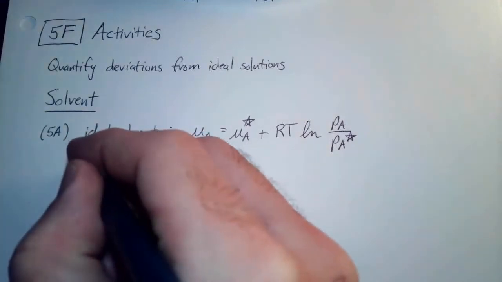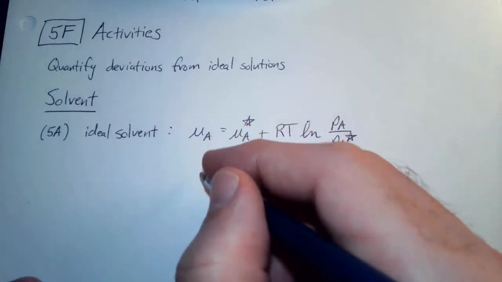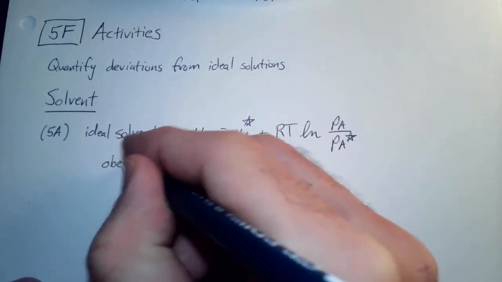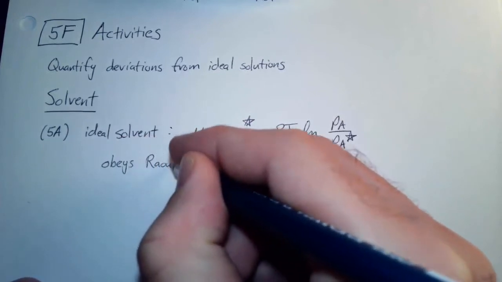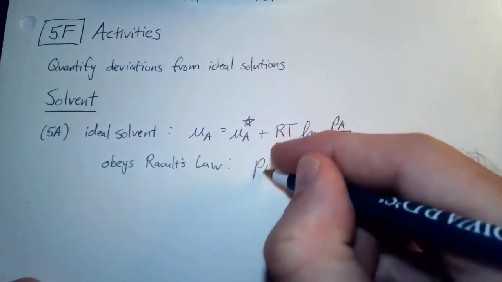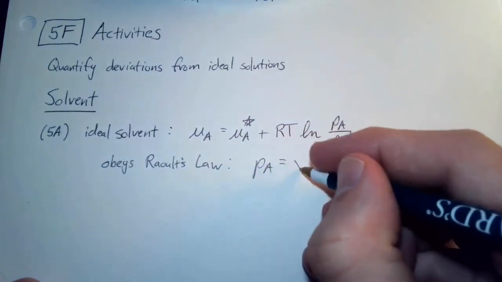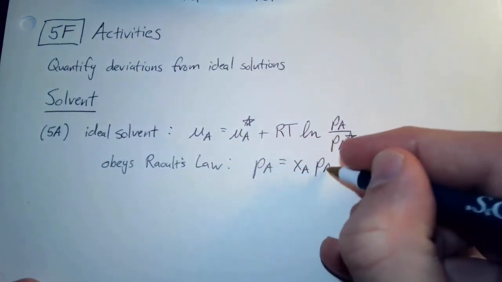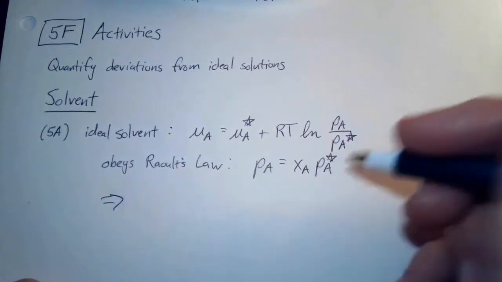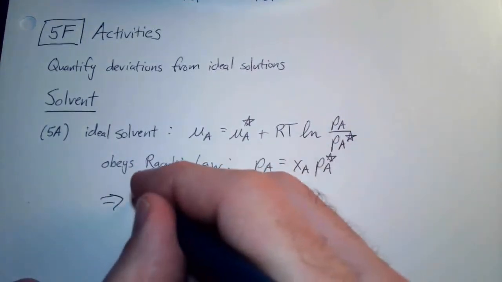And moreover, for ideal solutions, they obey Raoult's law, which is that PA equals XA times PA star, which I can solve for XA.